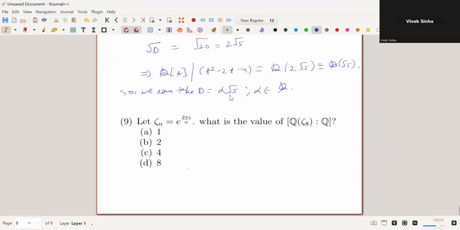What is the value of the degree of Q(C8) over Q? So we will go by the definition.